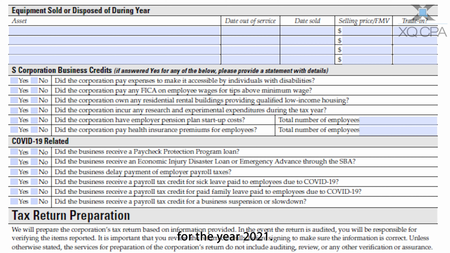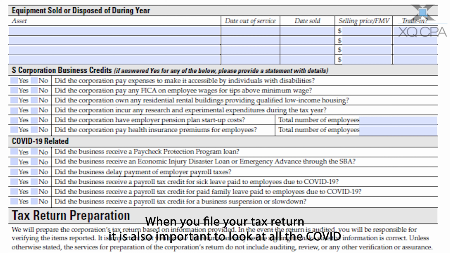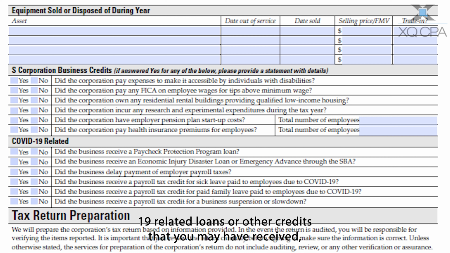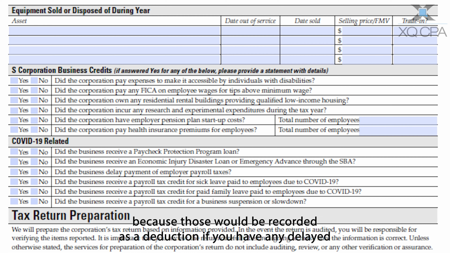For the year 2021, when you file your tax return, it is also important to look at all the COVID-19 related loans or other credits that you may have received, such as the forgiveness of your Paycheck Protection Program loan, if you have any EIDL, which is the Economic Injury Disaster Loan, or if you received any EIDL advance through the SBA, please make sure that you obtain the statement and let us know if there's interest that you have paid, because those will be recorded as a deduction.